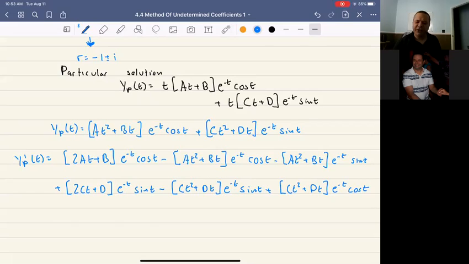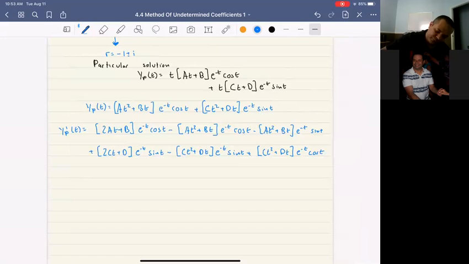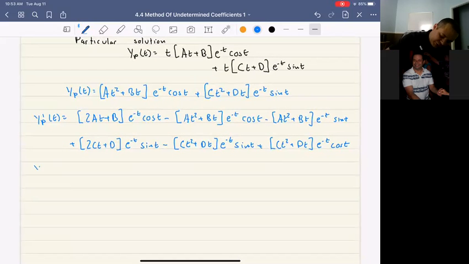Okay, now I'm going to go ahead, just like I normally do, and put everything together. I've got some cosine t terms and some sine t terms, so I'll put those together. So yp prime of t equals, put the cosine t terms together first.